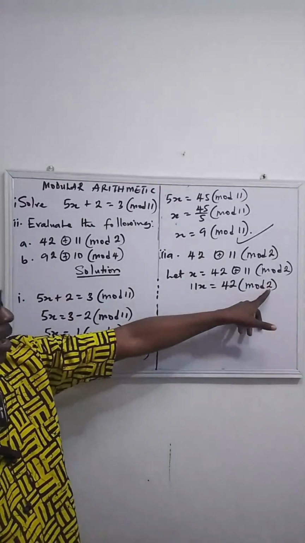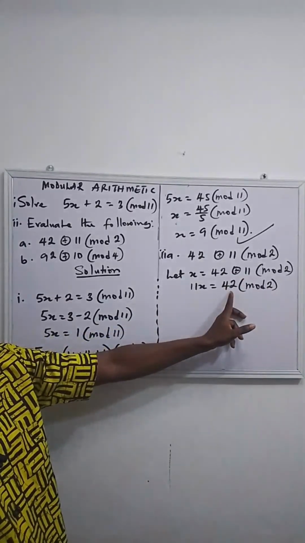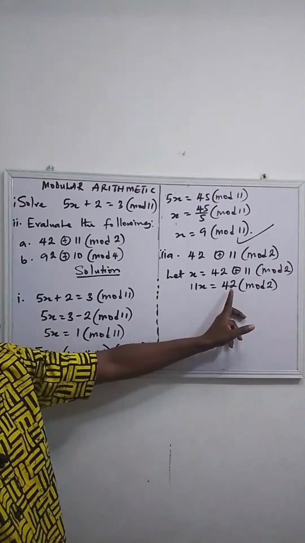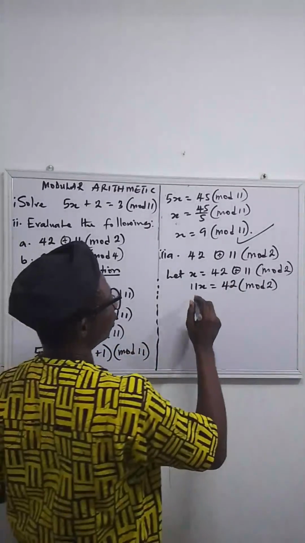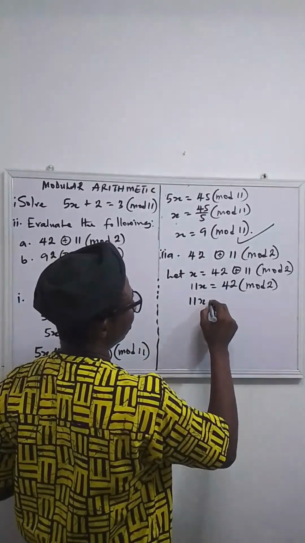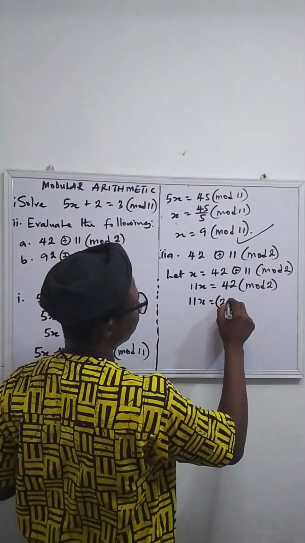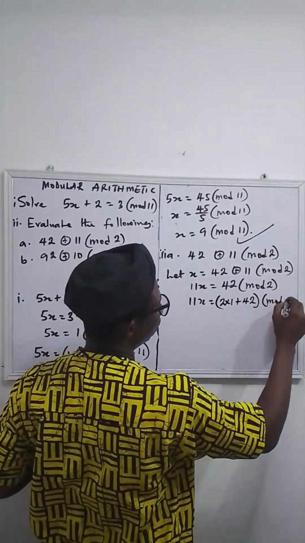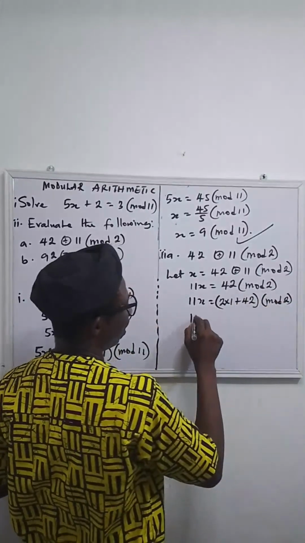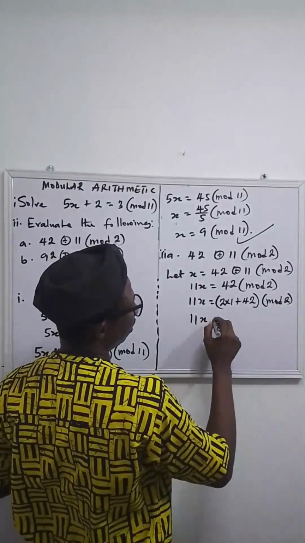Okay, so when you add 2 to this, we have 44. You can see 11 can go into 44. So that means we have 11x equals 2 times 1 plus 42 in mod 2.